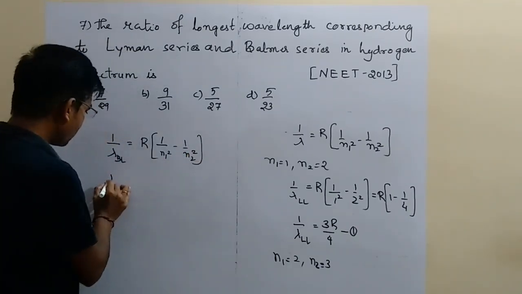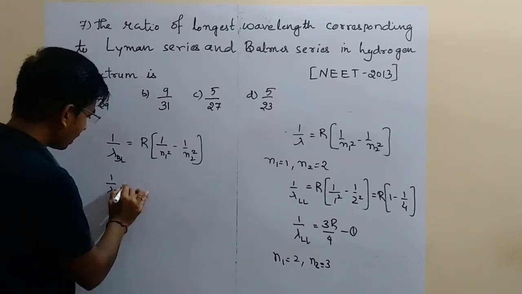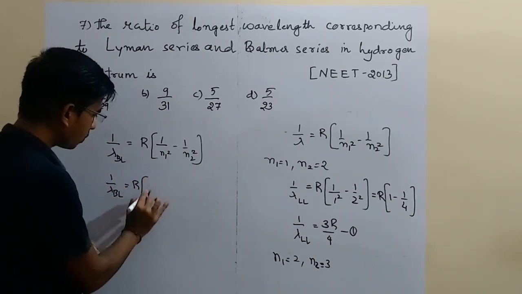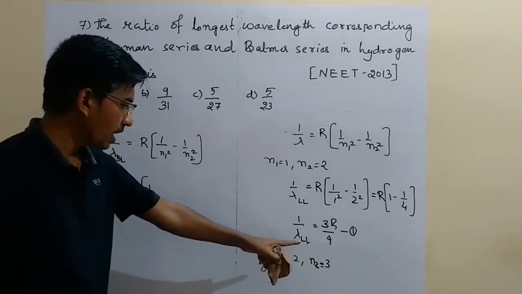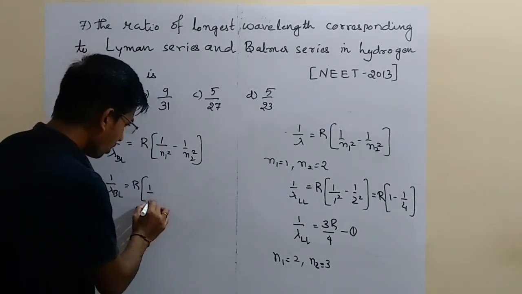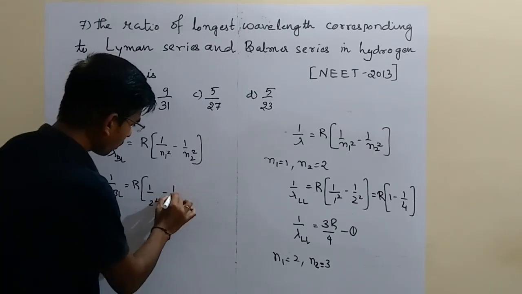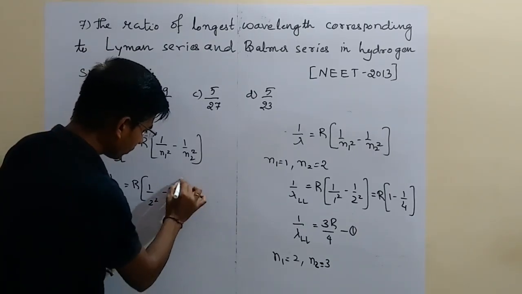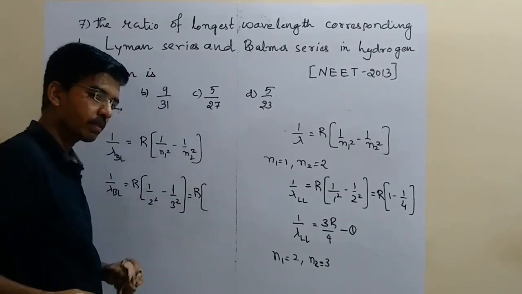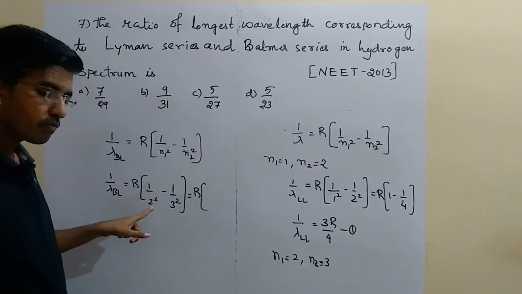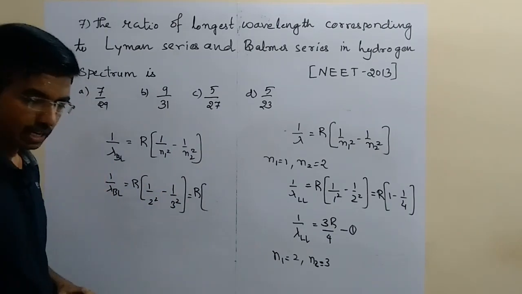So 1 upon lambda BL is equal to R into 1 upon n1 square minus 1 upon n2 square, where n1 is 2 and n2 is 3. So that is 1 upon 2 square minus 1 upon 3 square, which equals R into 1 upon 4 minus 1 upon 9.